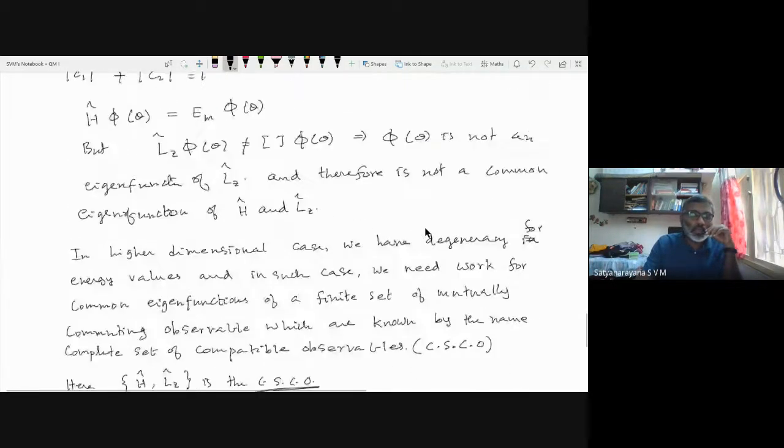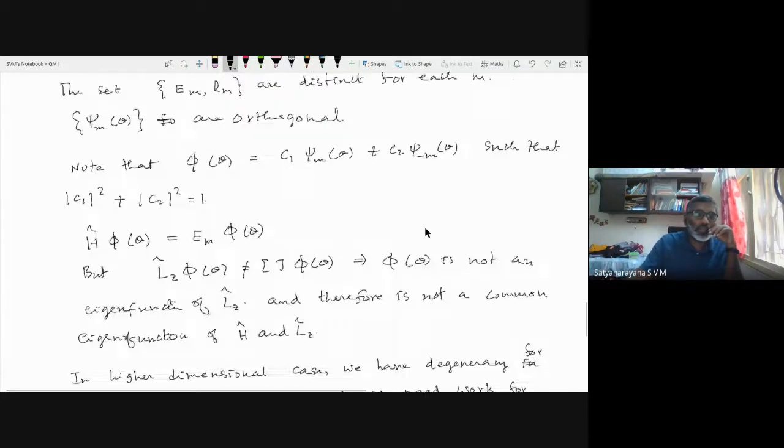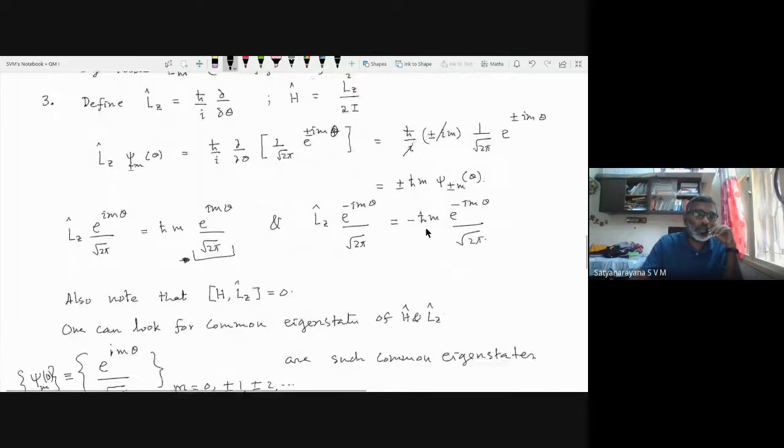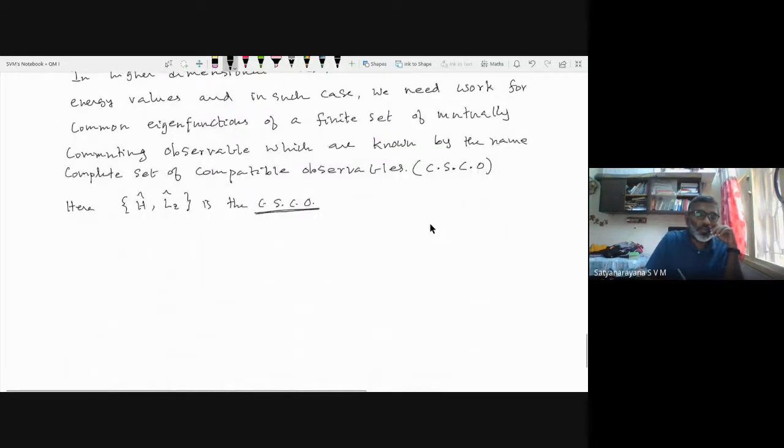Now let us come to the question that you have asked. Let us call this remark number 4. Our energy eigenfunctions are given by psi m of theta is equal to 1 by square root of 2 pi into e to the power i m theta.